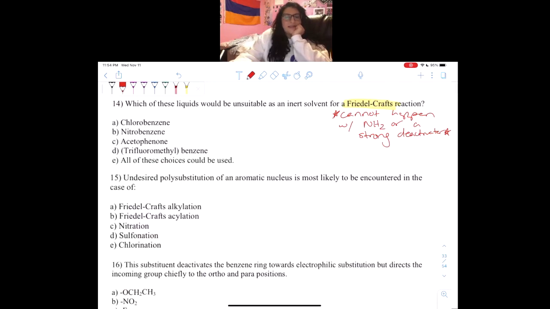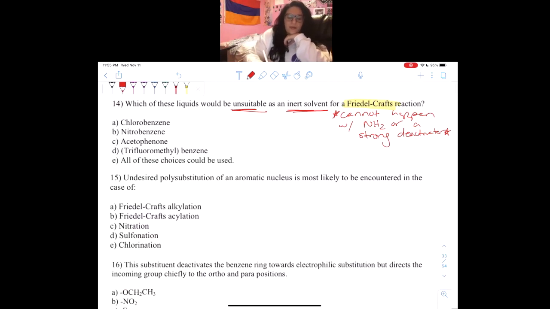So here we're asking for which will be unsuitable as an inert solvent. So this is kind of like a double negative. Inert solvent just means it will be there and nothing will happen. And unsuitable as an inert solvent just means we're looking for an answer choice that will react with Friedel-Crafts. Will react. So we're looking for something that is not an NH2 and is not a strong deactivator.